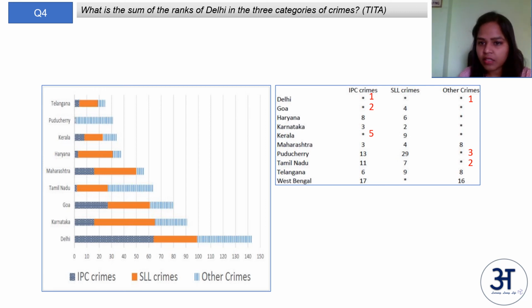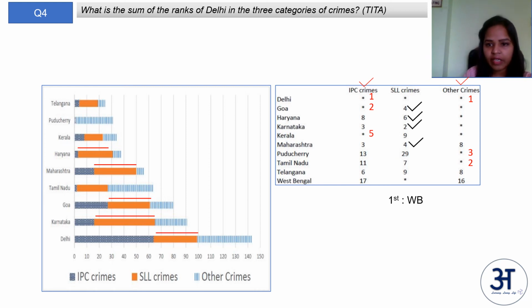So first we'll see the data given in table 2. We know that for SLL crimes, West Bengal stands first, with all its crimes being SLL crimes. The second is Karnataka. If you see the first table, Karnataka is definitely greater than Delhi. Now we'll see rank 4, Goa, and Maharashtra, which has rank 6.